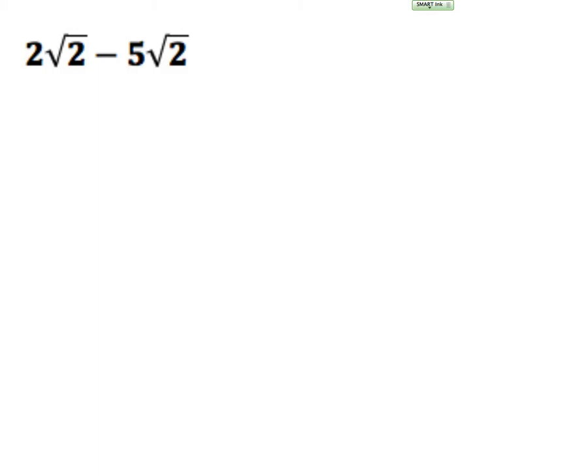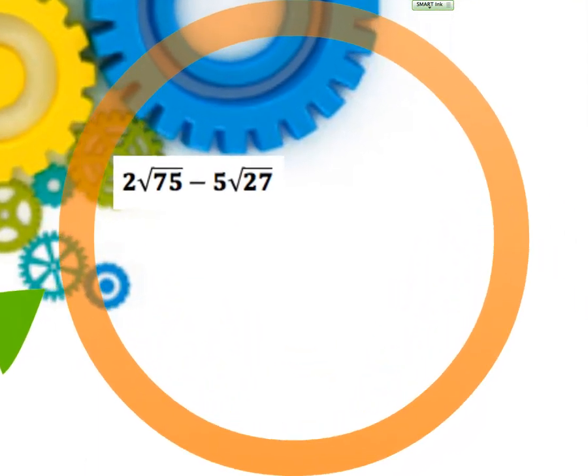Okay, so this one might throw you for a loop or might not. I've got 2 square roots of 75 minus 5 square roots of 27. So the deal is 75 and 27 are not the same, so I can't add that. And it's not going to be like -3 square root of something. But what I can do is break that down.